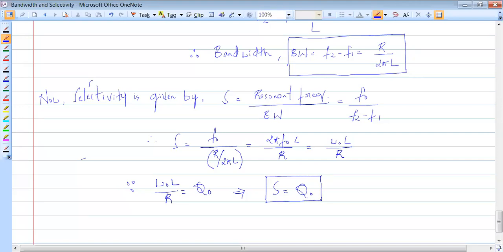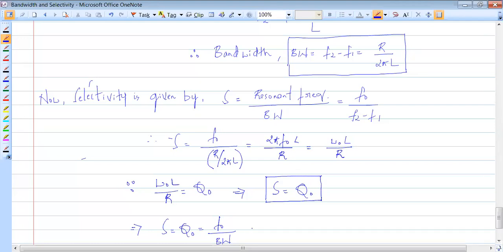See here, bandwidth is inversely proportional to S, right? That's why I can say Q naught is also inversely proportional to the bandwidth. Is that okay with you? Or in other terms, we can say S is Q naught, and it is f naught by bandwidth.